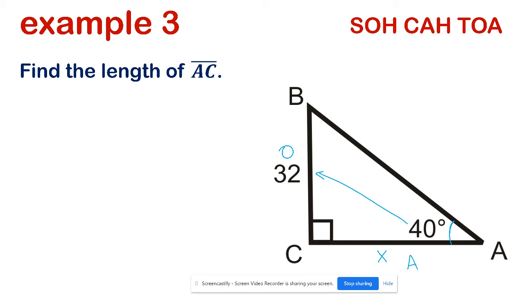So this time we're dealing with opposite and adjacent. So that is tangent. Tangent is opposite over adjacent. So now we can set it up.